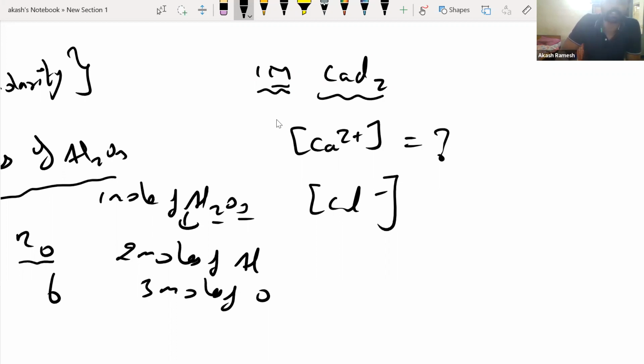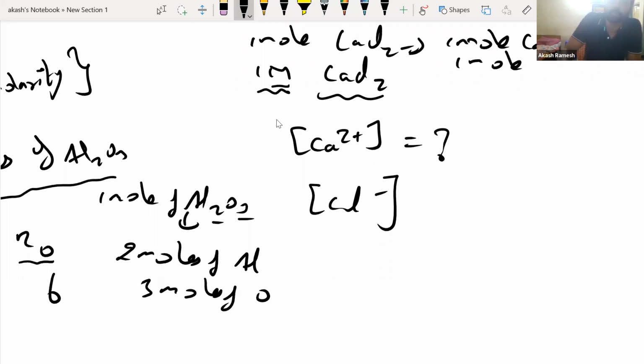Just like that, if instead of 1m I write 1 mole CaCl2, it will contain 1 mole of Ca2 plus and 2 moles of Cl minus.